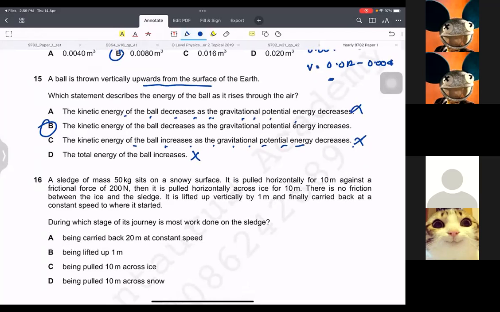The sledge of mass 50 sits on the snowy surface. It is pulled horizontally for 10 meters against a friction force. Then it is pulled horizontally across ice for this. There is no friction between ice and sledge. It is lifted up vertically by one and finally carried back at constant speed to where it started.